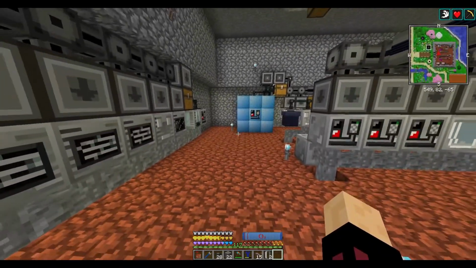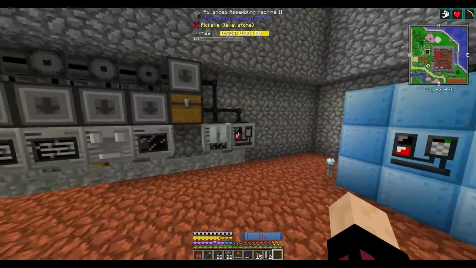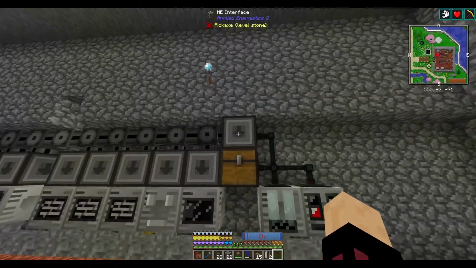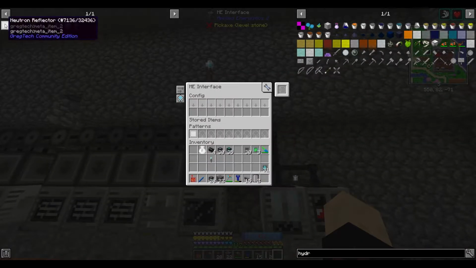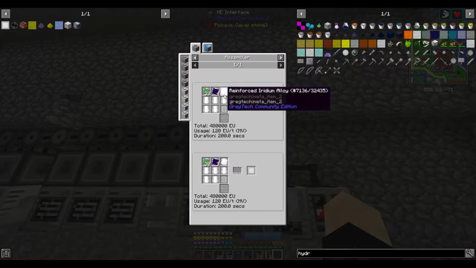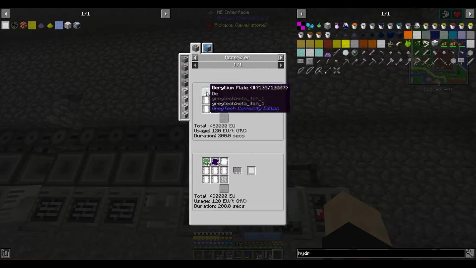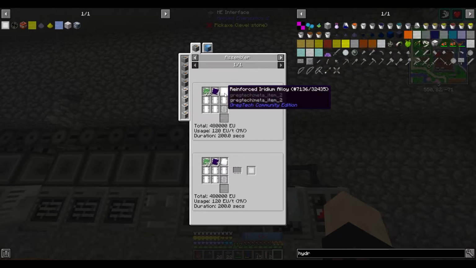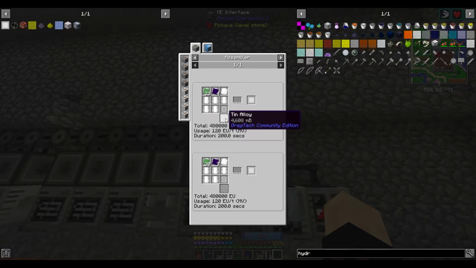So now that we have that out of the way, I already automated these, but we were missing the reinforced iridium alloy. For some reason there are 2 recipes in here, and this one uses 2 more beryllium, 1 more tungsten carbide, the same amount of reinforced iridium alloy, but this one requires 4,608 millibuckets.